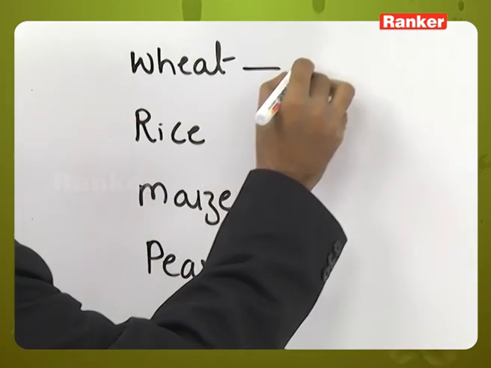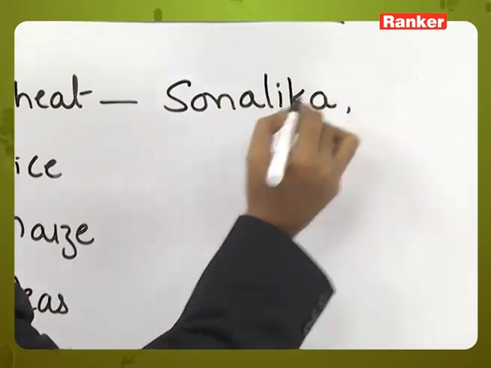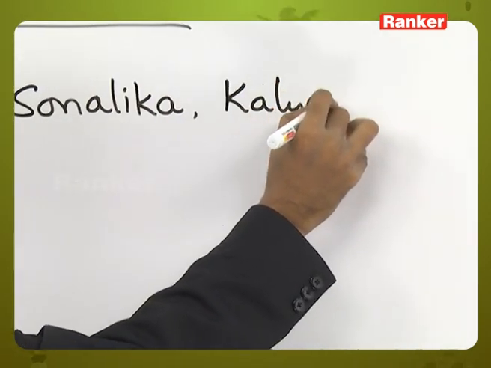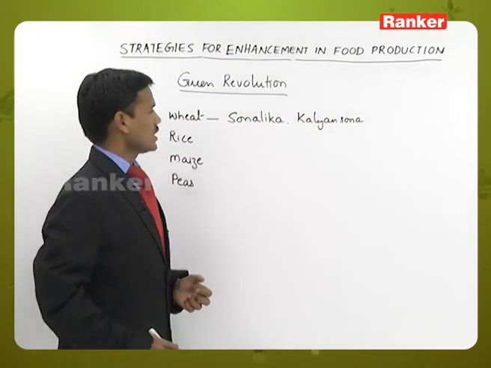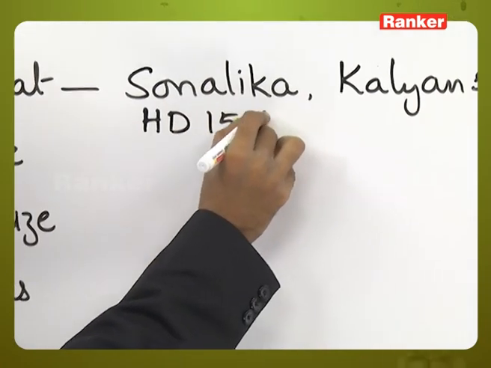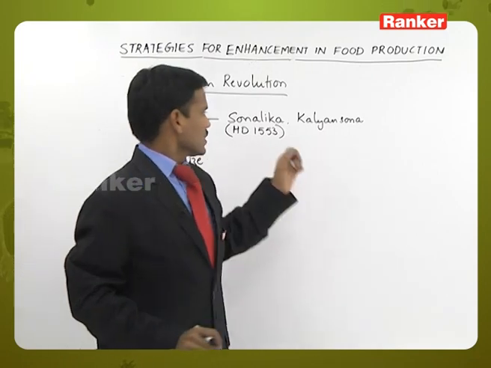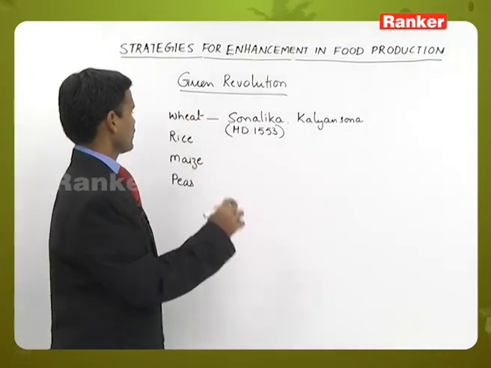Wheat varieties like Sonalika, Kalyan Sona, and HD 1553. In 1967, the Sonalika wheat variety was developed.